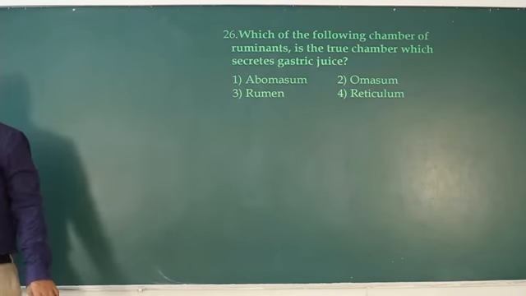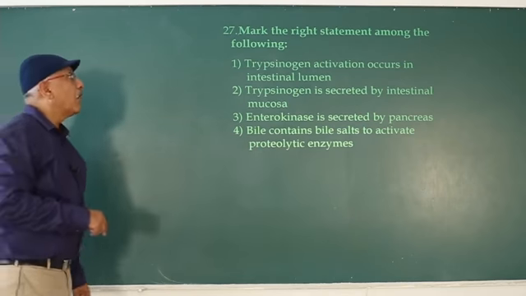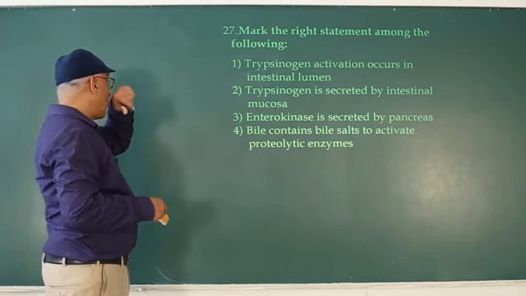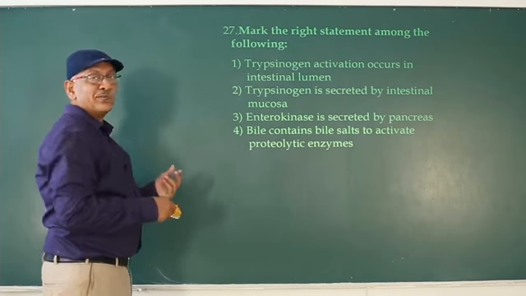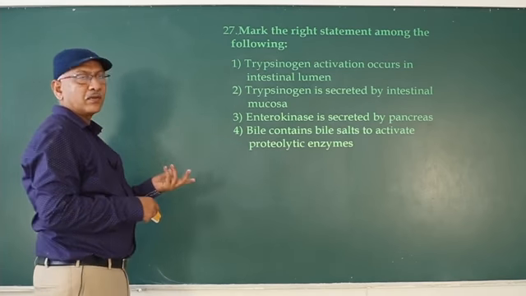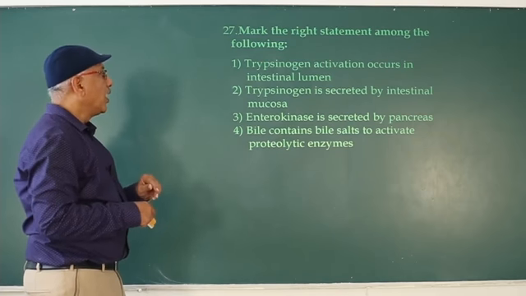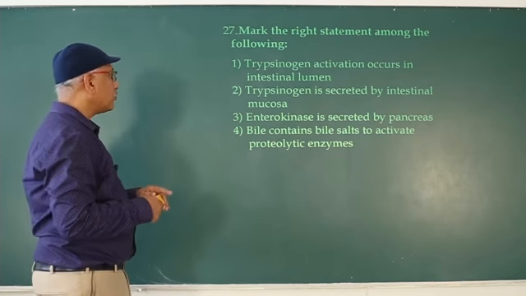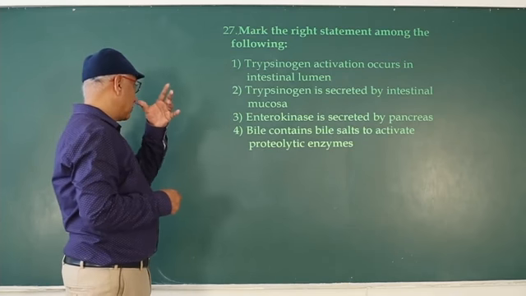Next question. Mark the right statement among the following. Trypsinogen activation occurs in the intestinal lumen. Trypsinogen is present in pancreatic juice, so intestinal lumen is correct. Trypsinogen is secreted by intestinal mucosa, wrong. It is present in the pancreatic juice.